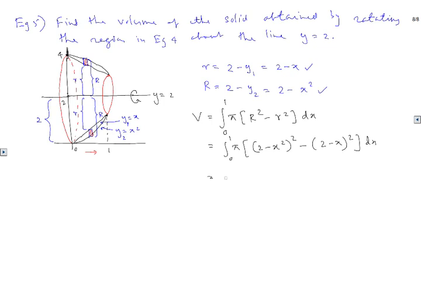Now we're going to simplify. If you distribute, you get the integral from 0 to 1 of pi times, let's distribute, x to the fourth. Do we get any x squared here?